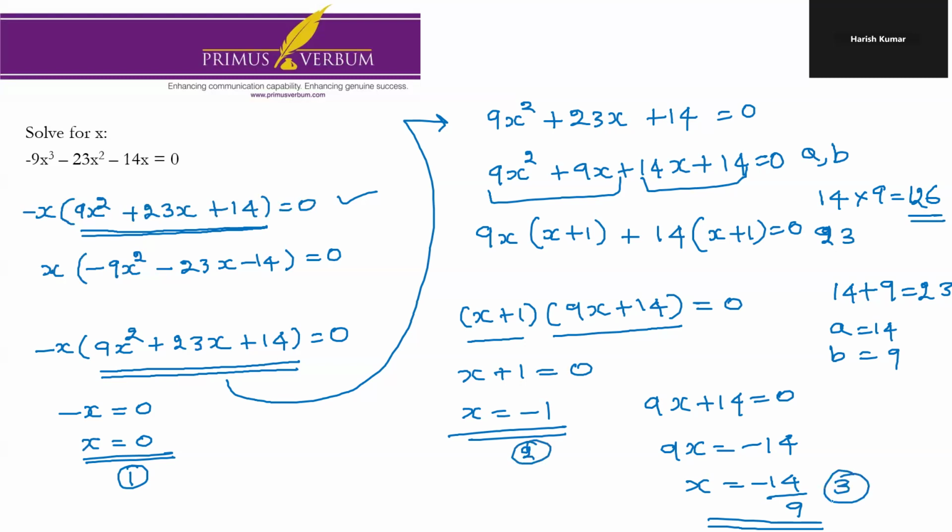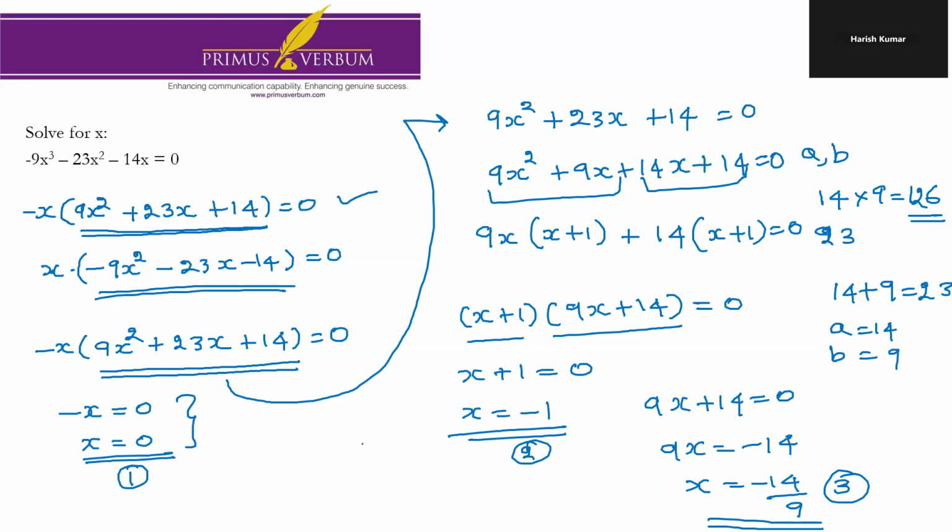Because it's a cubic equation, we'll have 3 solutions, and we see how we extracted minus x as the highest common factor to get a quadratic equation, and then we proceed to solve the quadratic equation to get 2 solutions for x, while we already have one solution for x by equating x equal to 0 or minus x equal to 0, depending upon whether you factor out x or minus x.